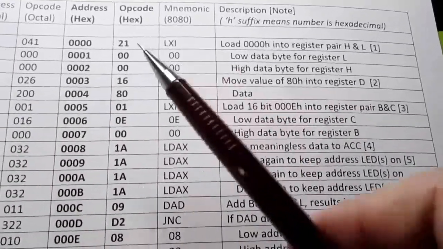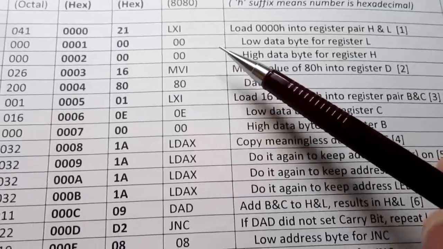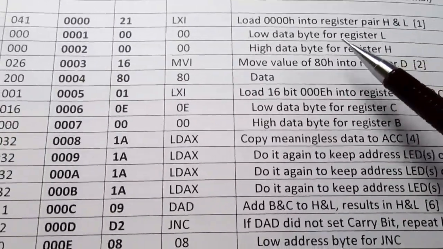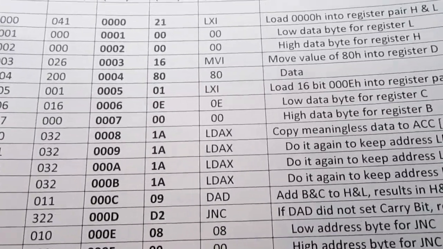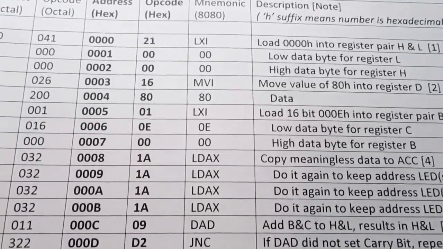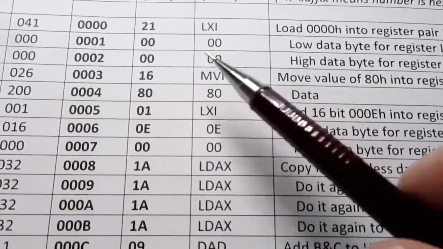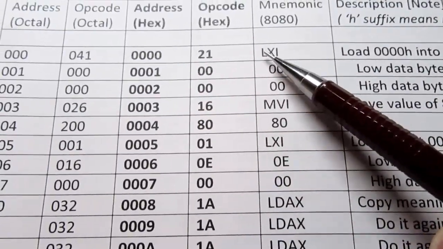So let's go over the setup part of the program. The first thing we have to do is load a starting number into a register pair H and L, and that is used for the timing loop. It's basically a counter that the timing loop in the program is using to accumulate time. And we started out with 0, so that's why there's 2 zeros. So the first instruction is the LXI.